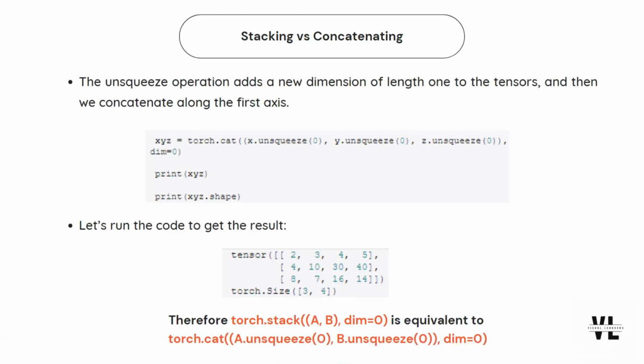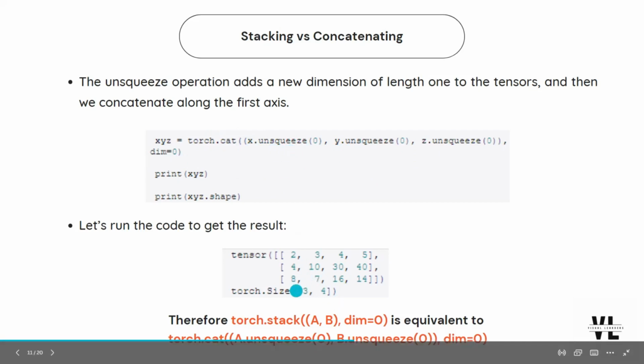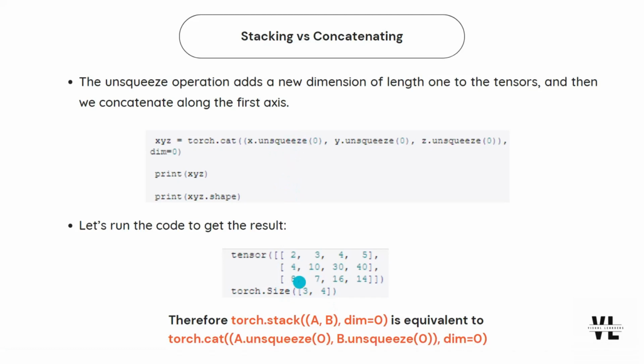In order to create the matrix using the concatenation function, cat, first we need to unsqueeze each tensor. Unsqueezing, if you remember from the previous video, adds a new dimension, a new axis, of size 1. So each of these will have a shape of 1x4 instead of just 4. Remember that we must define the axis along which we want to unsqueeze, which is axis 0 here.